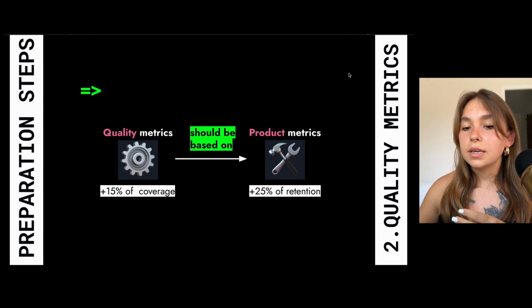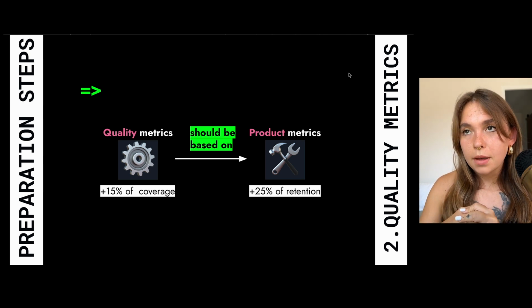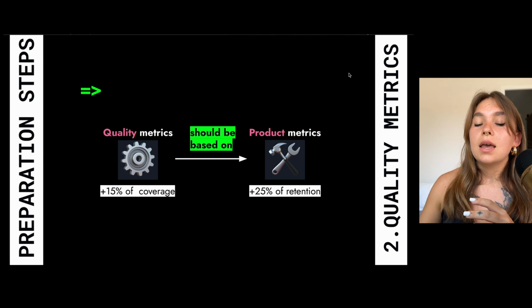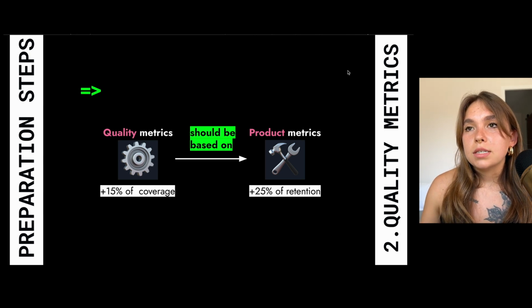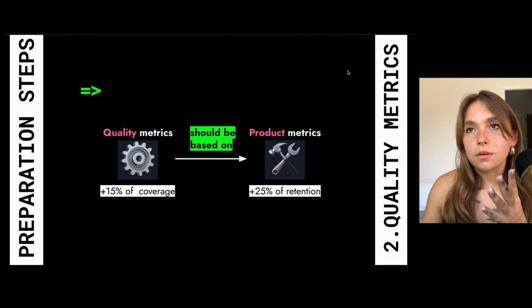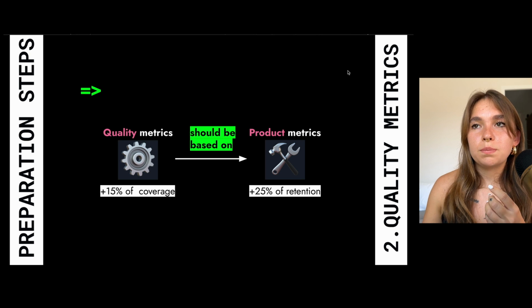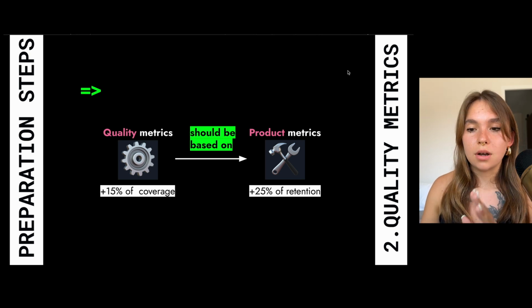After that, you think about how to achieve these metrics by providing the best quality. And here you can analyze, for example, if you increase your coverage by 15%, in this case the possibility of achieving the product metric is really high.